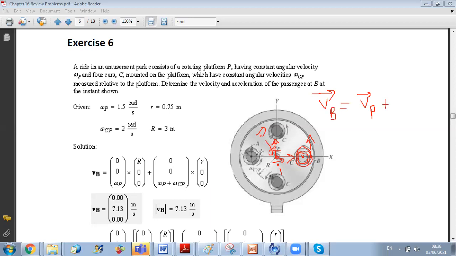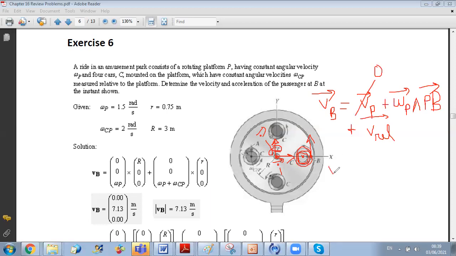Here, the frame is rotating with the plate, so I will just use omega P. So plus omega P vectorial PB, and I should not forget to add what here? I should add V relative. Now let us see together what our different components are. To start with point P, P is fixed, so VP is 0.